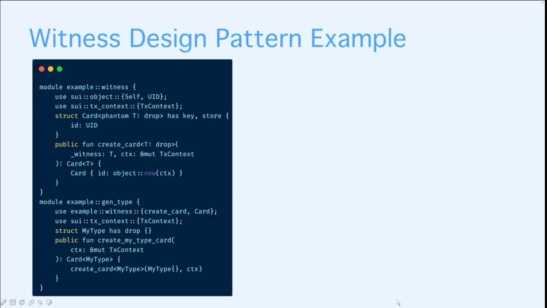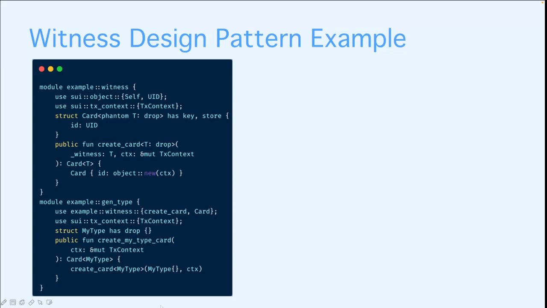And in the following example, the function of the GenType module creates an instance of the MyType and calls the createCard function to create the instance of the card type. The createCard function takes any type T with drop ability and creates a card object, ensuring a witness resource corresponds to a card instance. Where the witness resource is MyType, and the type we want to control the instance of is card.